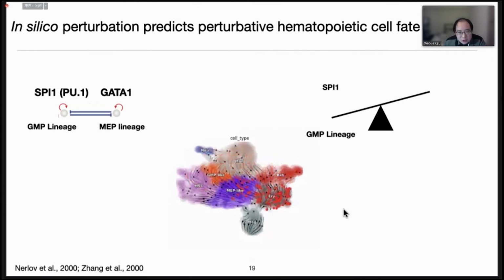It's also worth noting that our in silico perturbation is highly efficient and combinatorial, so you don't really need to do any experiments to make genetic perturbation predictions, and this will provide an important complementary method to the genome-wide Perturb-seq experiments reported from our lab.